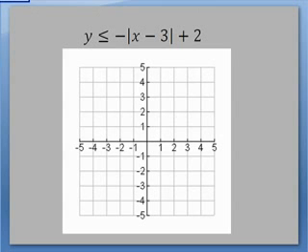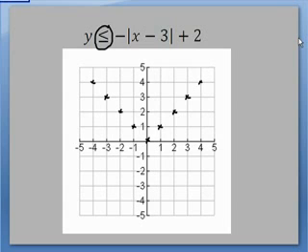We have one more. Since we just talked about absolute values, let's see if we can do an absolute value inequality. Notice you have the absolute value bars, and we have an inequality, so this is going to include shading. When you learned to do absolute value, Ms. Preston talked about the parent graph, and the parent graph of an absolute value has the vertex at the origin. It opens up with a slope of 1 and -1.